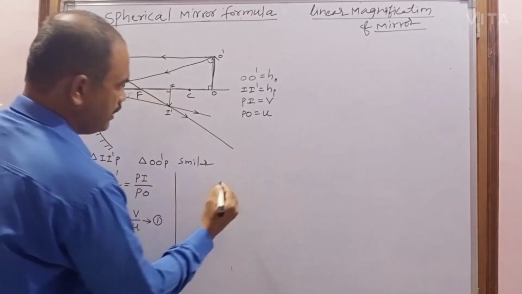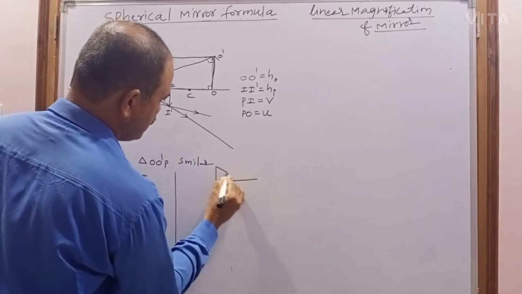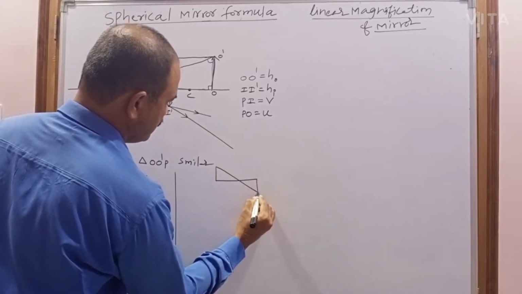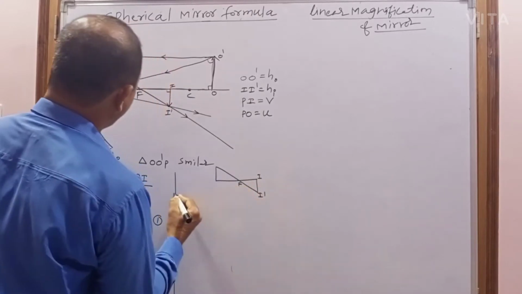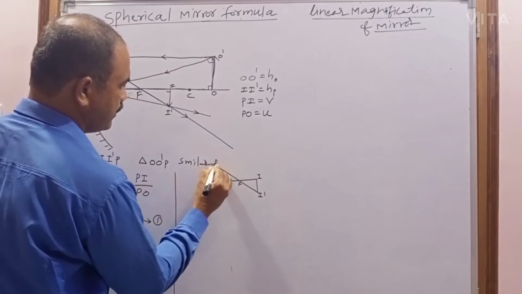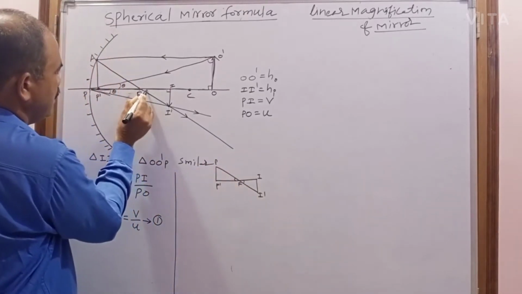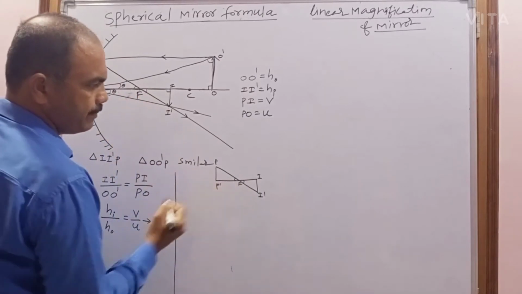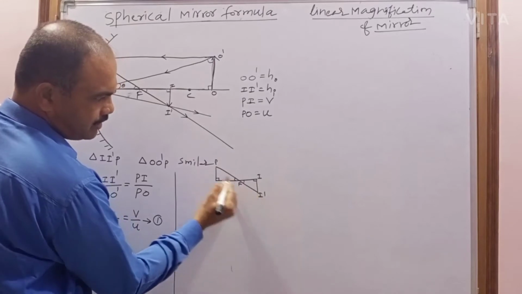So I am writing here. They are like this. This is I dash, this is F, this is P dash, and this is P. Now these two angles are vertically opposite, so these two vertically opposite angles are the same. And these are right angles, so automatically the triangles are similar.